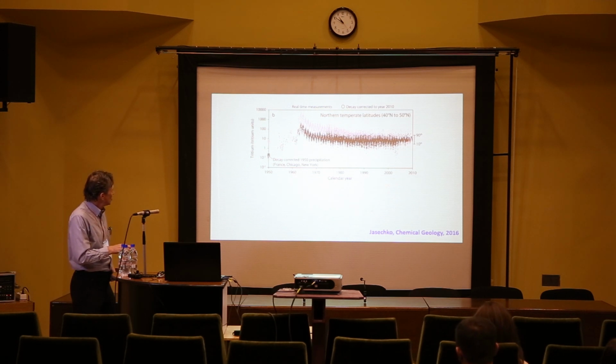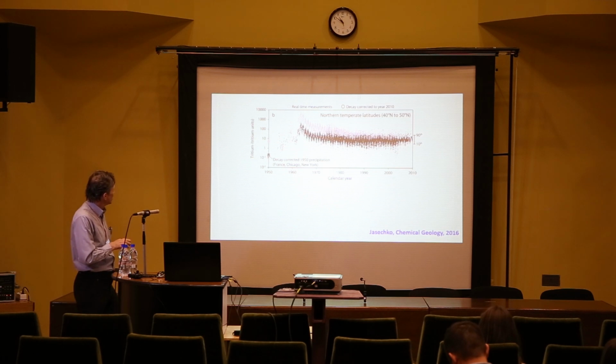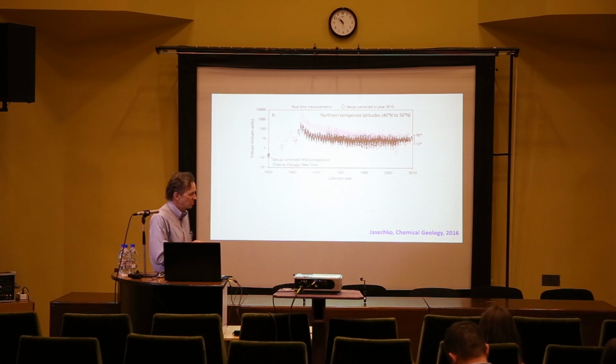You can see that basically all of the precipitation that fell before the atomic bomb testing has a concentration today of less than 1, and all of the rainfall that fell after the atomic bomb testing has a concentration today greater than 1, somewhere around 6 or 8 or 10 or something like that.